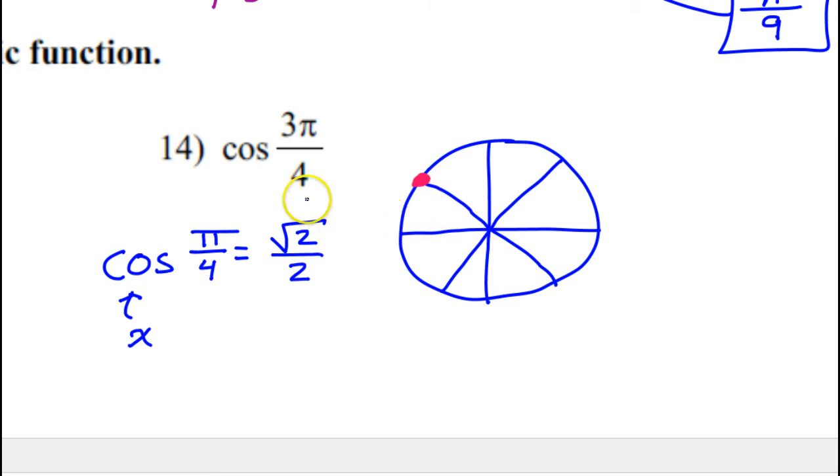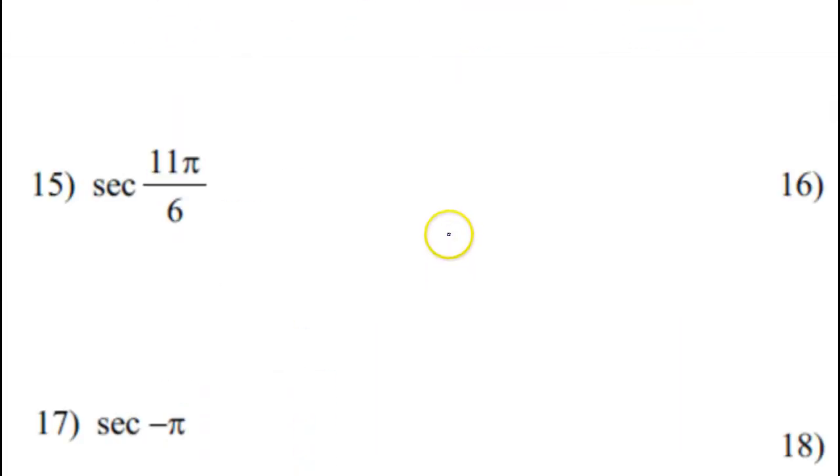So that's why we know that instead of just radical 2 over 2, the cosine of 3 pi over 4 will be negative radical 2 over 2. So again, to summarize: if you want to find the value of a trig function, first find the value at the reference angle, and then look at the quadrant it's in to find out if it's positive or negative. Okay, let's keep going.